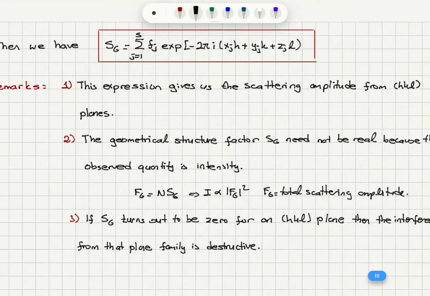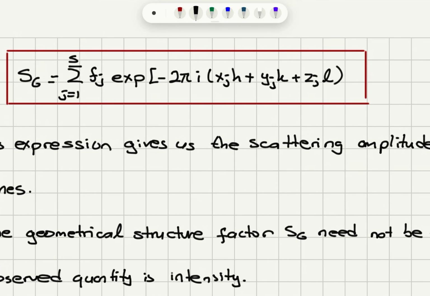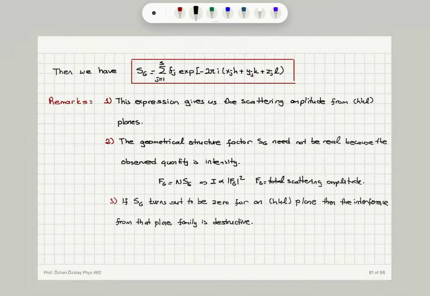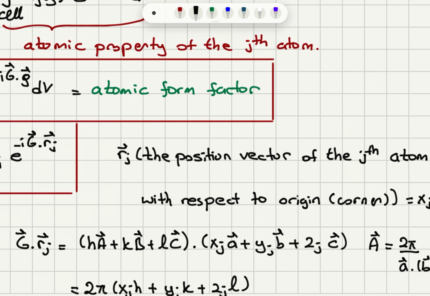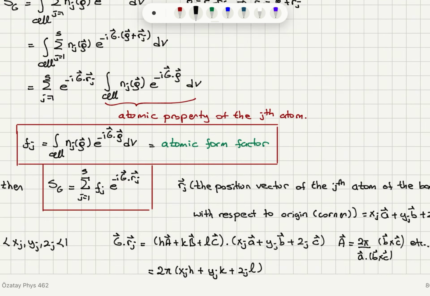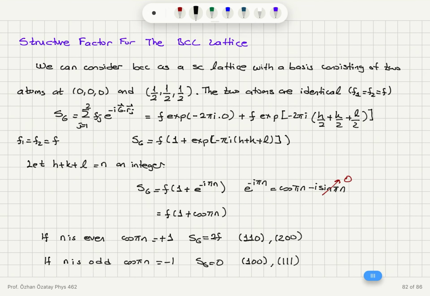So this is just an application of this. I'm looking at the position vector of the jth atom in the basis and taking the dot product with the G vector. So this is x_j a plus y_j b plus z_j c dot product with the reciprocal lattice vector G. So that's this application. Okay, so the position vectors were at 0.